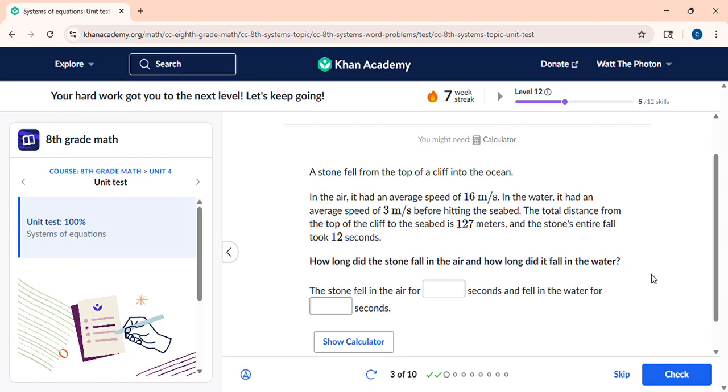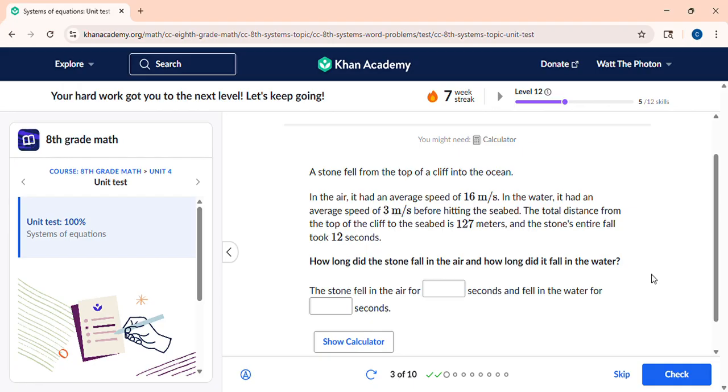Okay, so let's have 16 plus 3 is 19. Then we have 127 divided by 19 is equal to 6 seconds. So it had to be a lot more in the water.